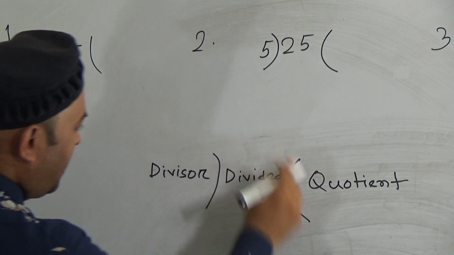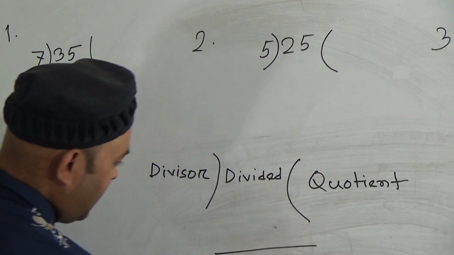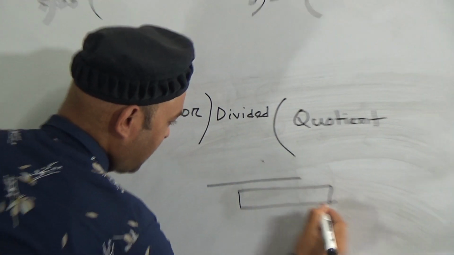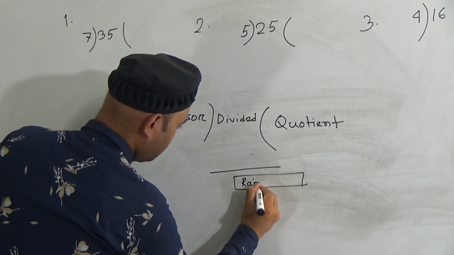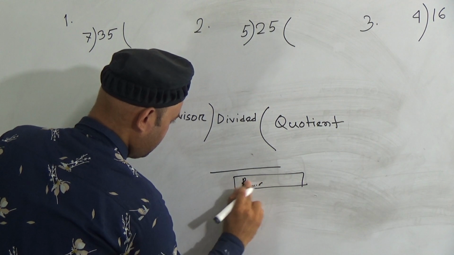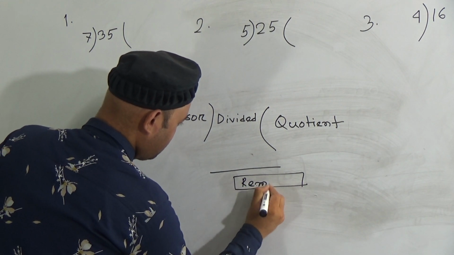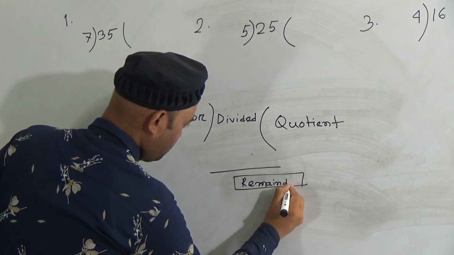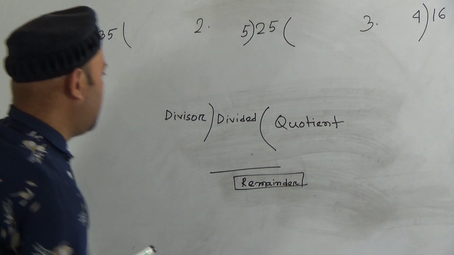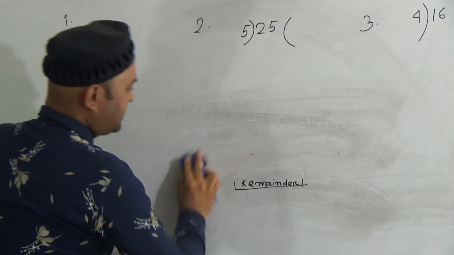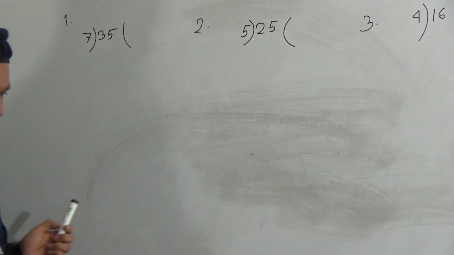After dividing we can get something here, which is called the remainder. You have to memorize the times table to divide.